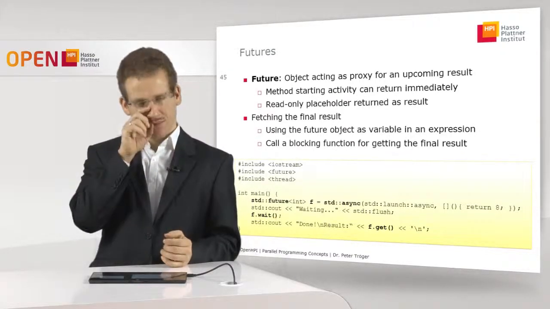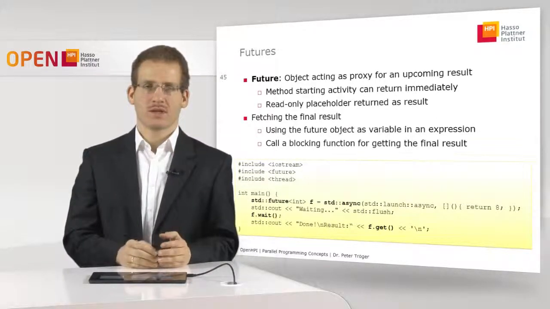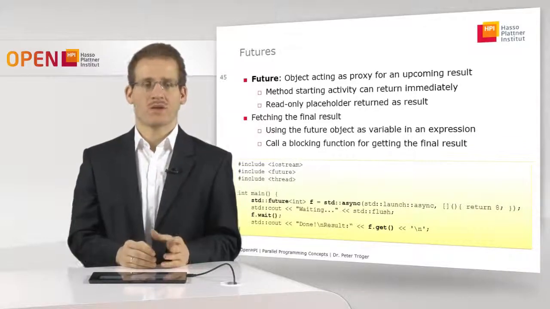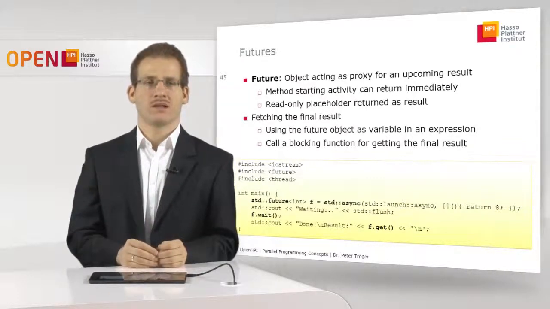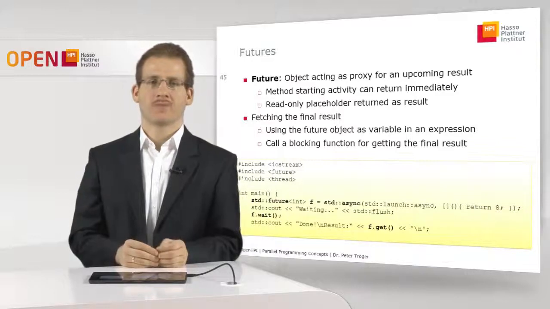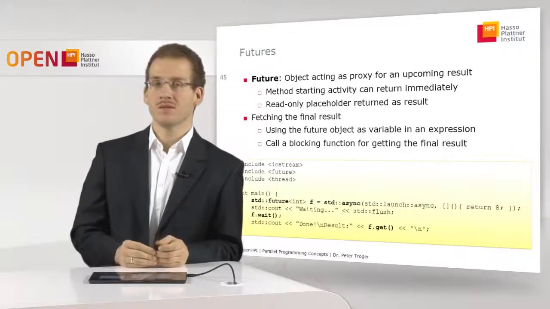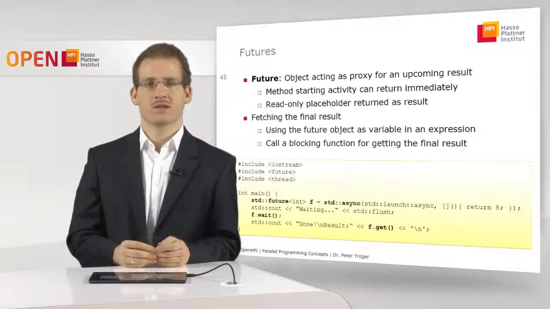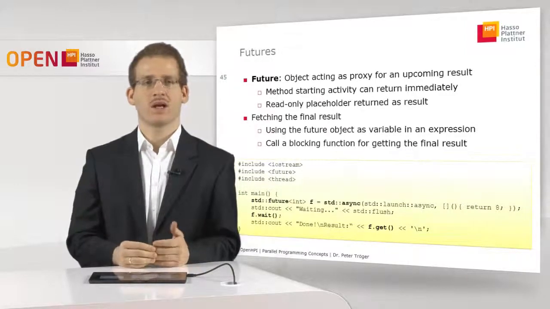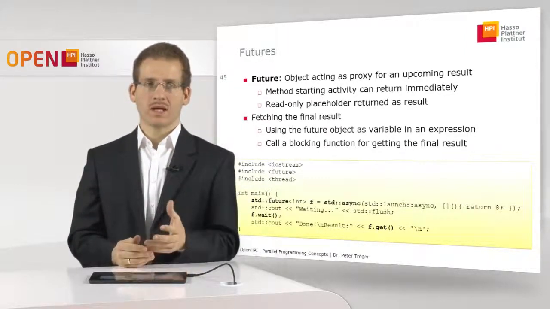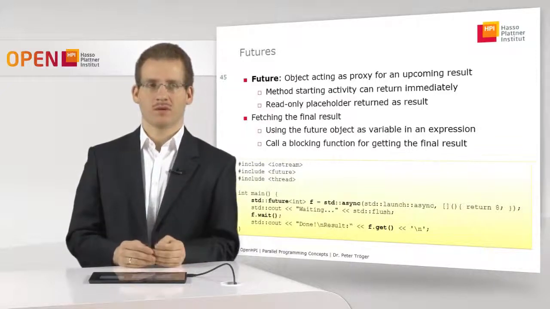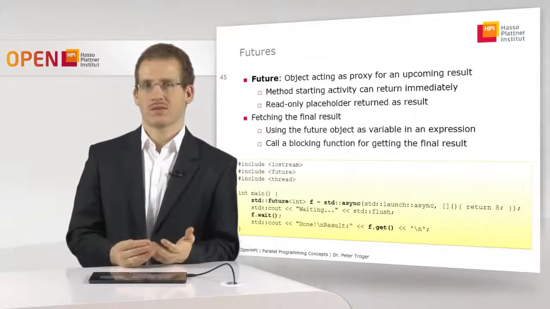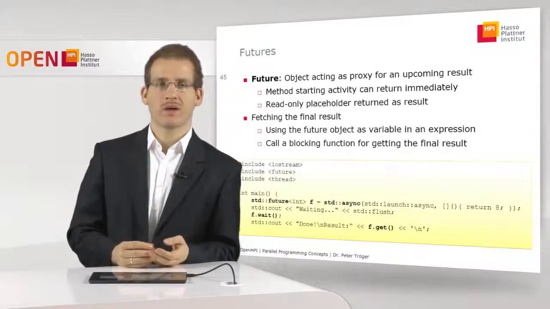You see here a C++ example in this picture. We have the main function and the future definition, and the std::async call launches an asynchronous activity based on an anonymous function here in C++11. We get an immediate return from this call, and this result is expressed by the future variable.